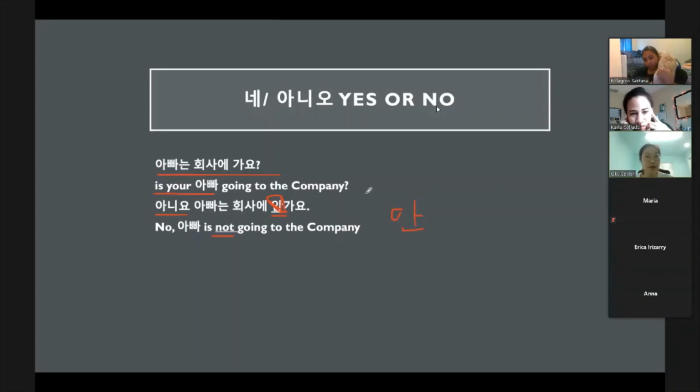And you know he is not going, so you will say 아니요, no. 아빠는, you're indicating my dad. 회사에, it's the company. 안 가요. If you add 안, that means not.